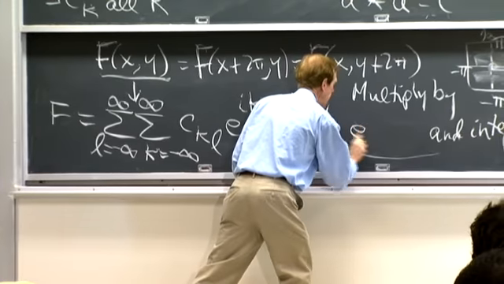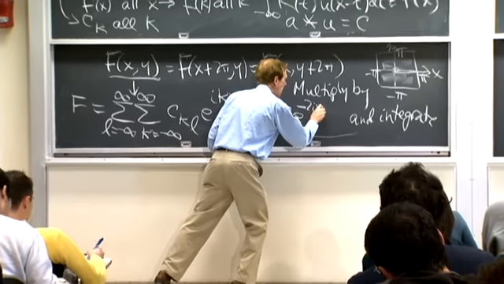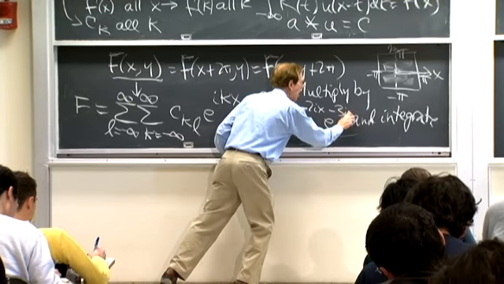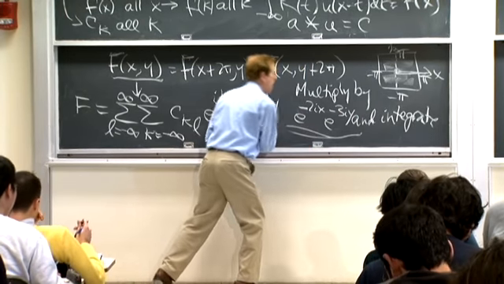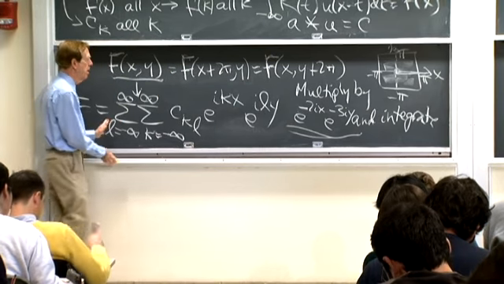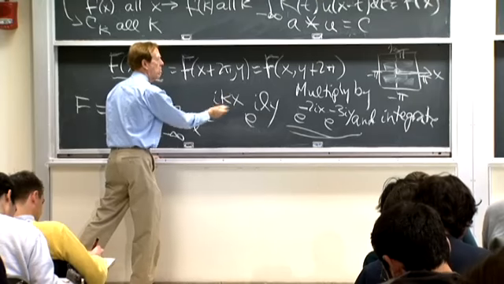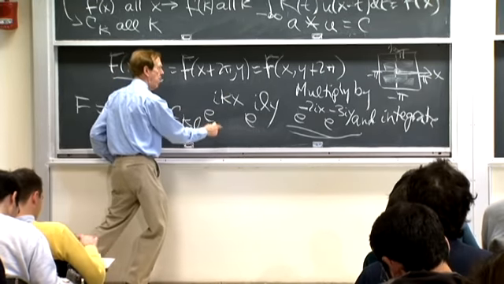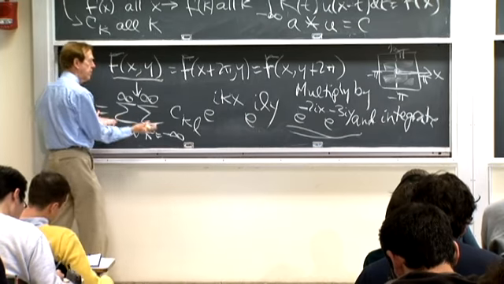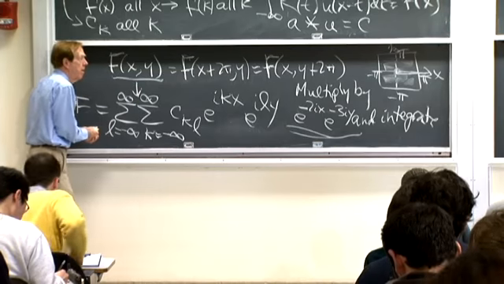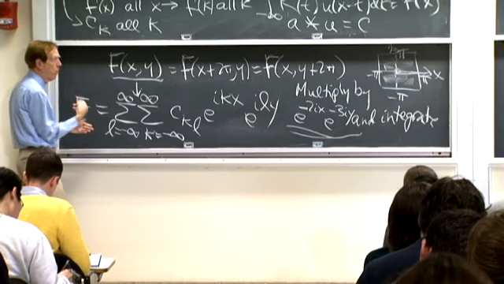I multiply by e to the minus i 2x, e to the minus i 3y, and integrate. Yeah. So when I multiply by that and integrate, everything will go except the C23 term, which will be multiplied by 1. So I'll just have C23 times probably 2 pi squared. I guess 2 pi will come in from both integrals.